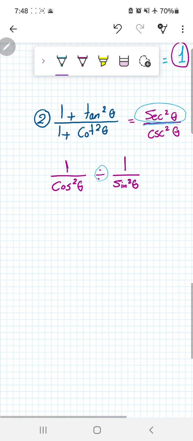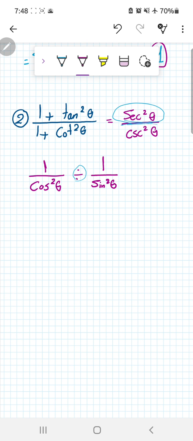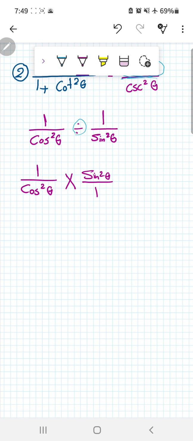We said before that in a division, we make it a multiplication. So write 1 over cosine squared theta as it is. Division becomes multiplication by the reciprocal: 1 over sine squared becomes sine squared over 1. So we have 1 times sine squared over cosine squared times 1.